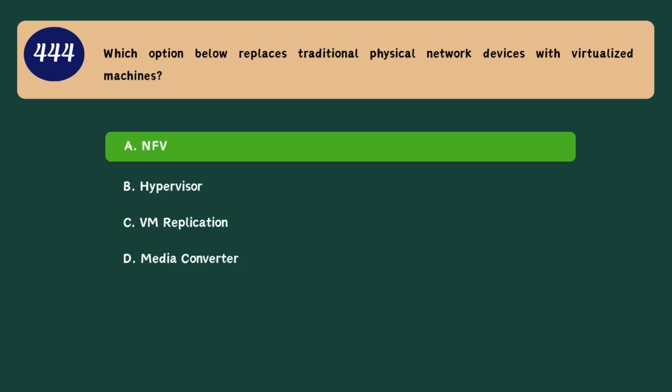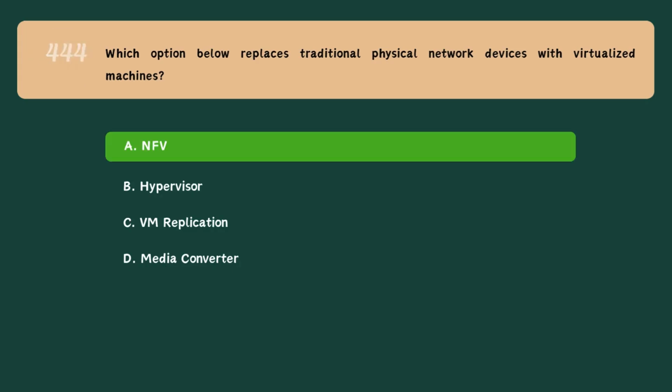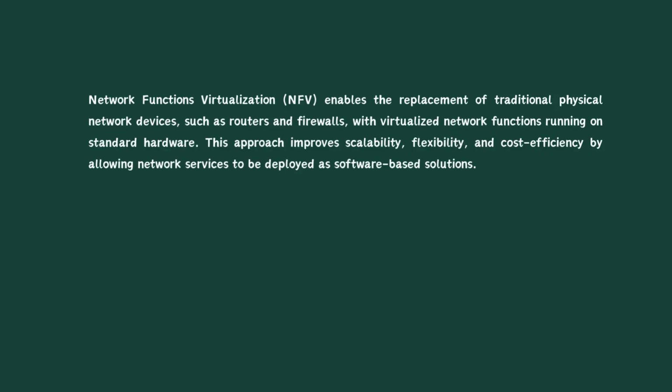Correct answer: A. NFV, Network Functions Virtualization, enables the replacement of traditional physical network devices, such as routers and firewalls, with virtualized network functions running on standard hardware. This approach improves scalability, flexibility, and cost efficiency by allowing network services to be deployed as software-based solutions.